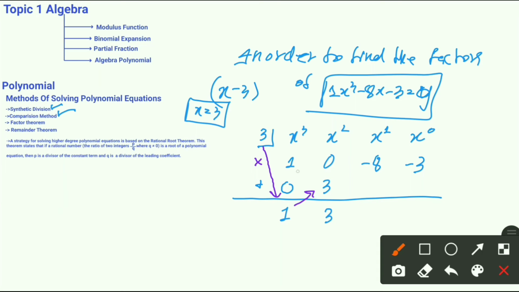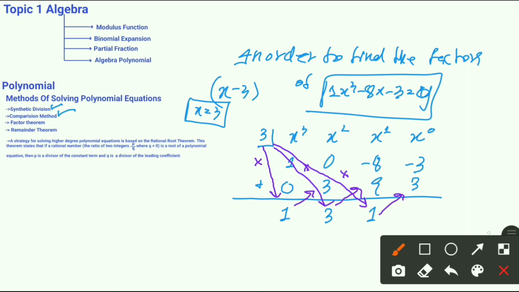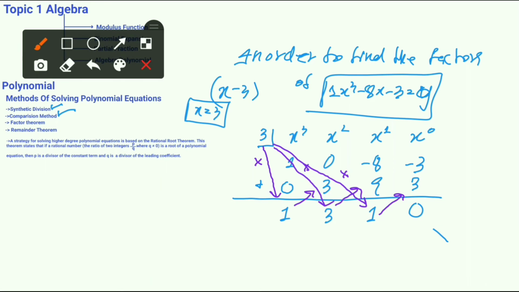Then again 3 will multiply and come here: 3 times 3 is 9, and minus 8 plus 9 is 1. Again 3 will multiply and come in here, so it's 3, and minus 3 plus 3 is 0. This 0 is the remainder.